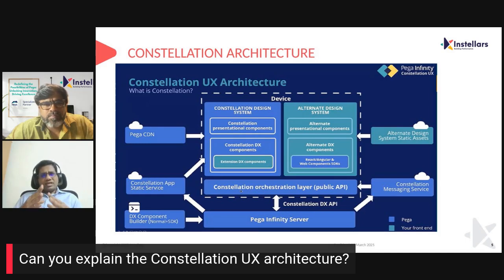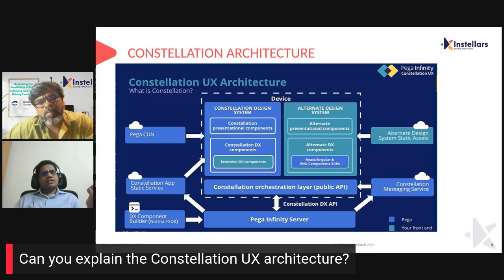In the Constellation design system we have presentation components and DX components. Similarly, in an alternate design system we also have presentation and DX components. The only difference is that the alternate design system is more client-centric, where, based on client requirements, they create the presentation layers.